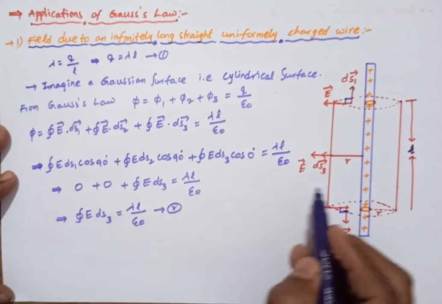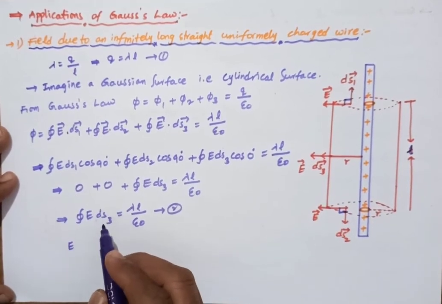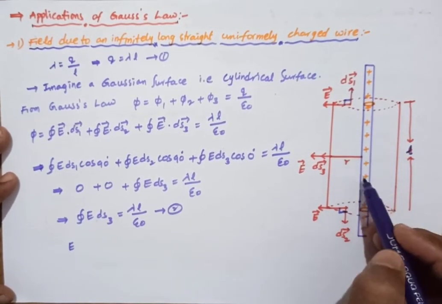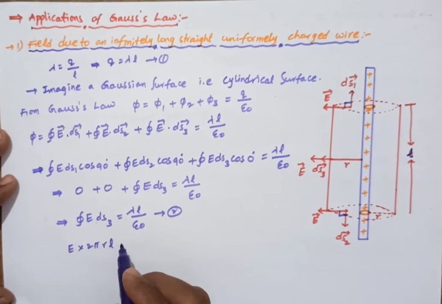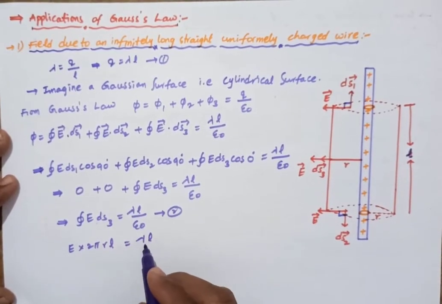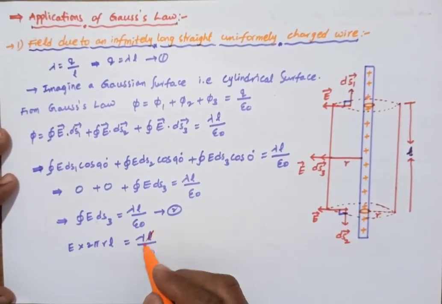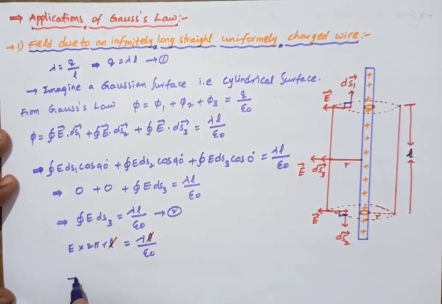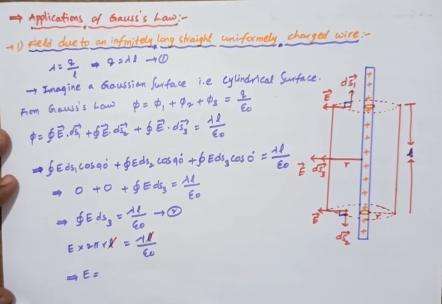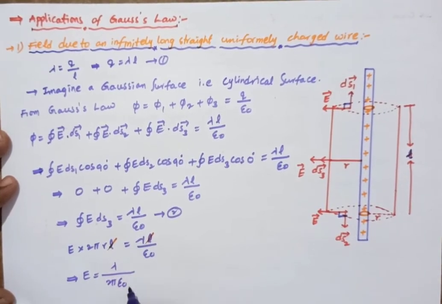Now E is constant, so E times the closed integral of ds3, where the area of this cylinder is 2 pi r L, equals lambda L by epsilon naught. Here we cancel out the L terms, so the equation becomes E equals lambda by 2 pi epsilon naught R. This is equation number 3.